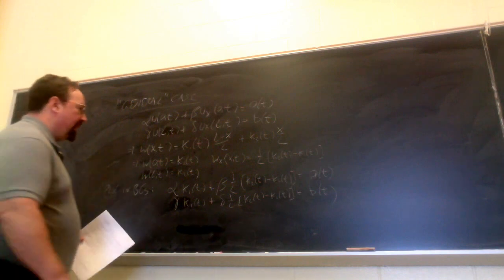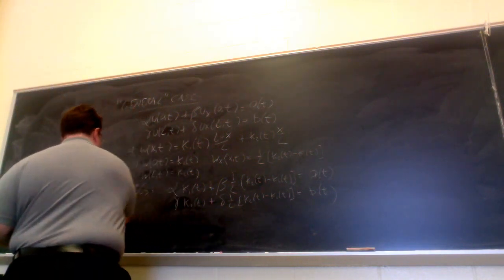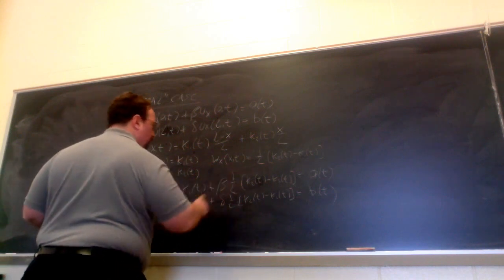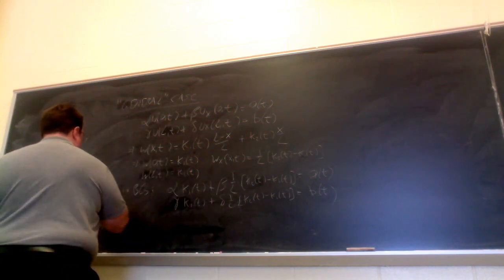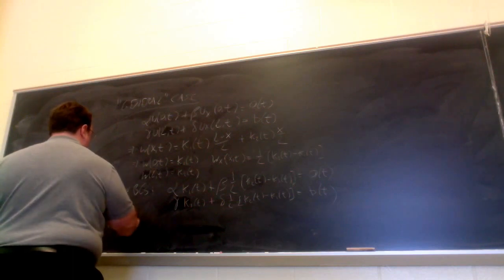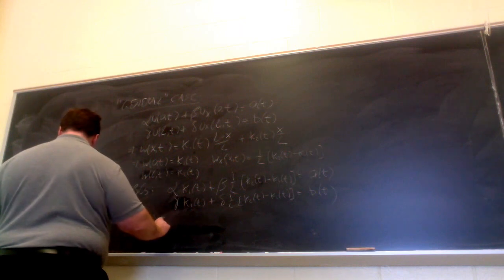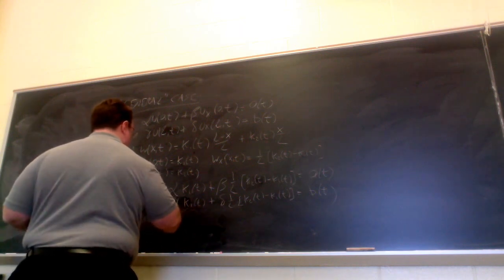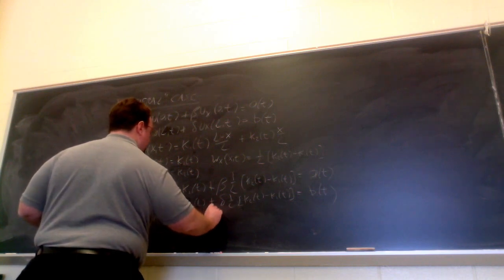And I'm going to write it that way to get it closer to matrix vector form. So I want to group k1 and k2 terms together. So I'm going to have alpha minus beta over L, k1, plus beta over L, k2, is equal to a of t.